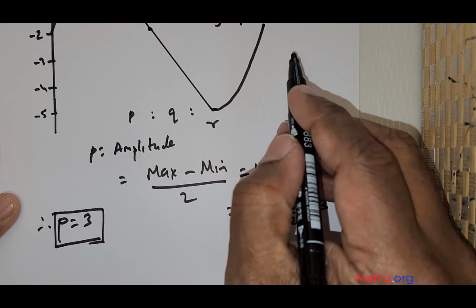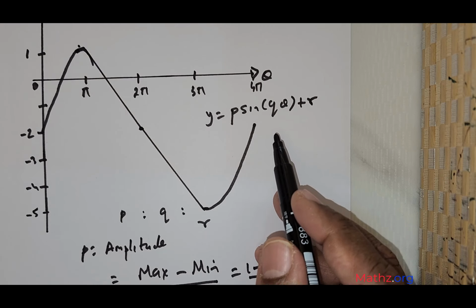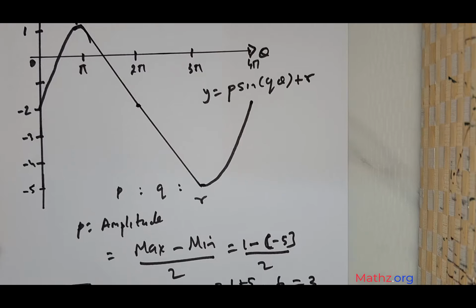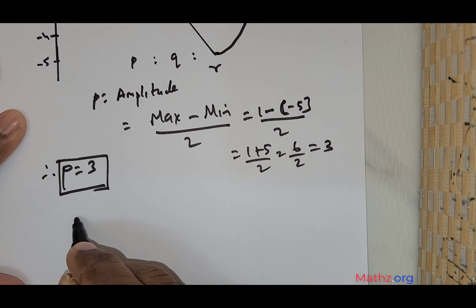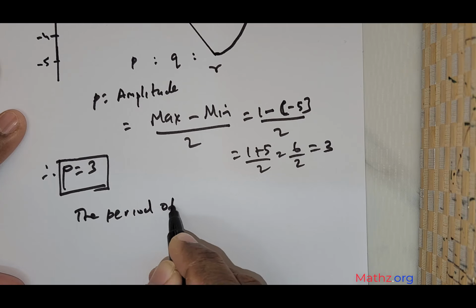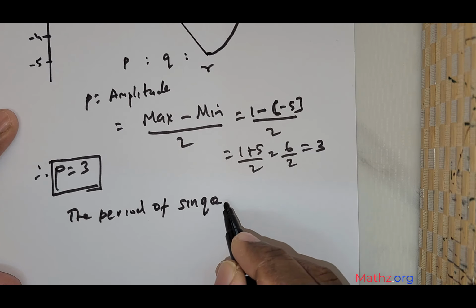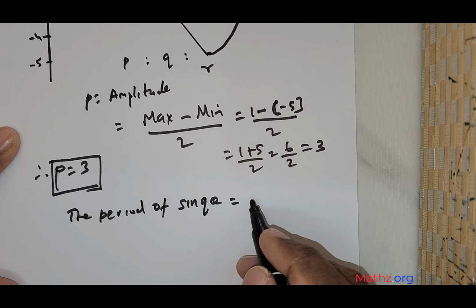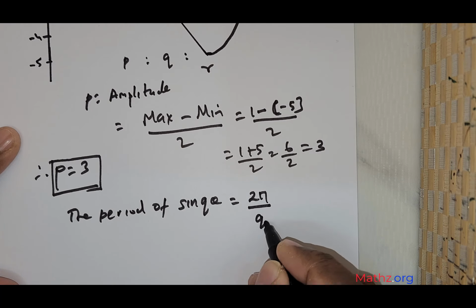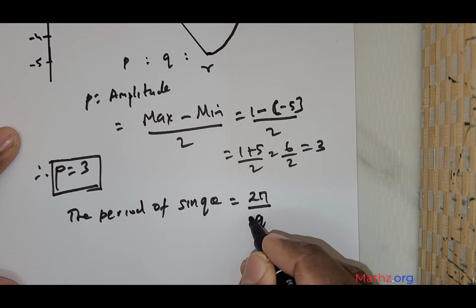Now to get the second answer, you have to go to the curve. The curve is sine q theta, right? So we have to look for the period of sine q theta. The period of sine q theta is given as 2 pi over the modulus of q, right?